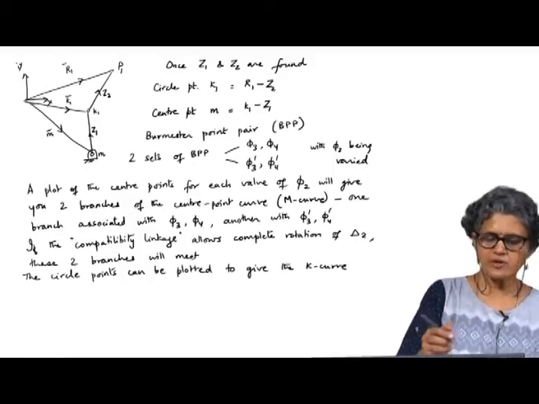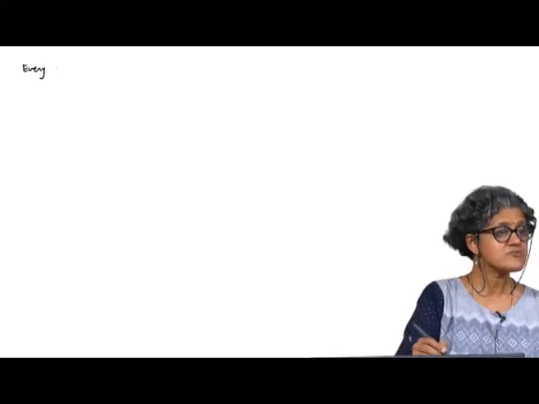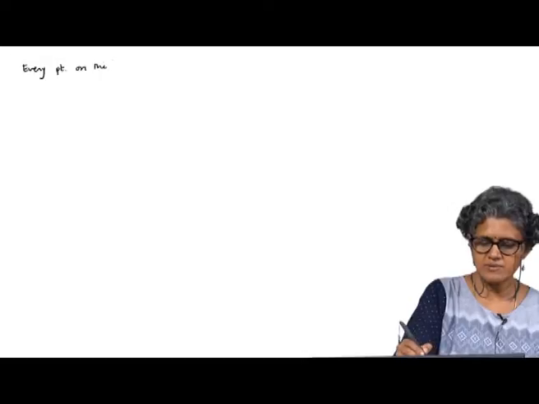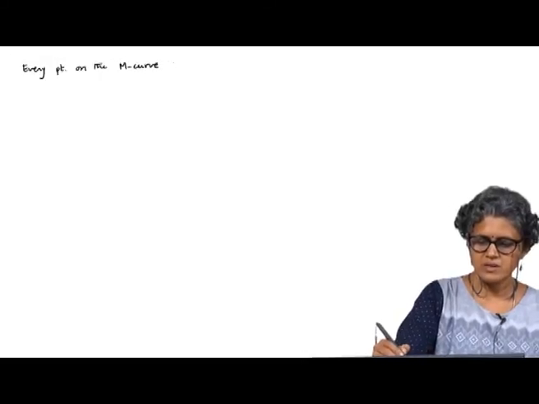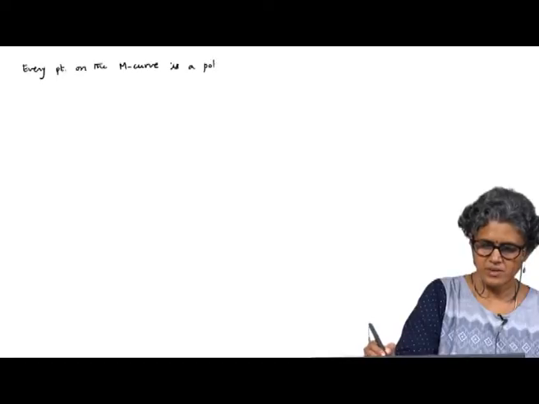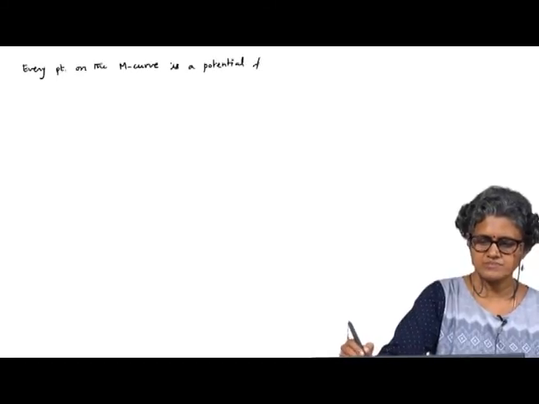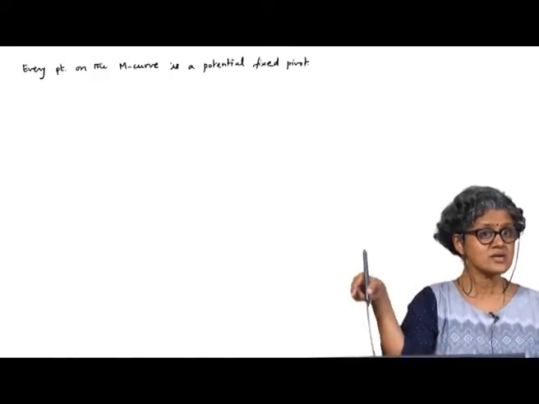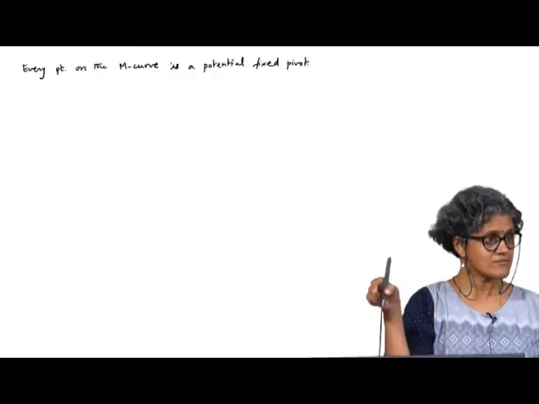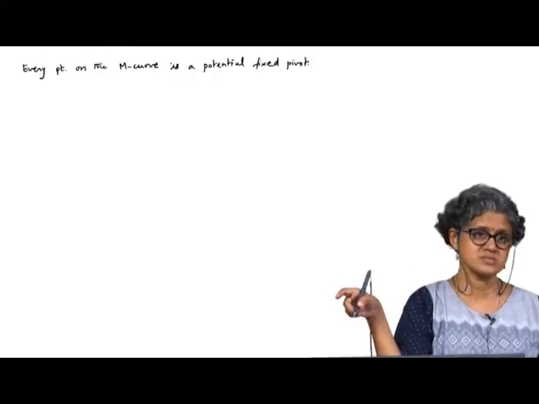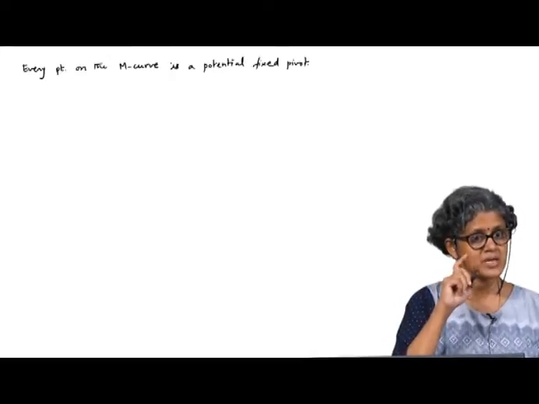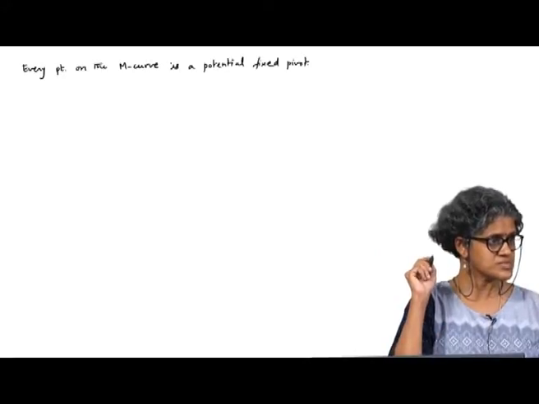Every point on the center curve, or the M curve, is a potential fixed pivot, right. Therefore, now you have an infinity of solutions as long as it lies on that curve. You pick a point on that curve, there are an infinity of points on a curve. So, any point that you pick is a potential solution for the fixed pivot.